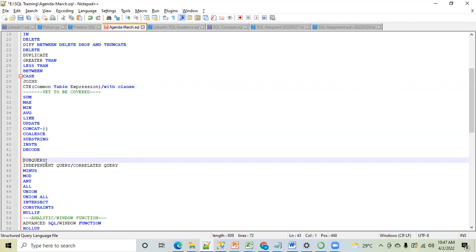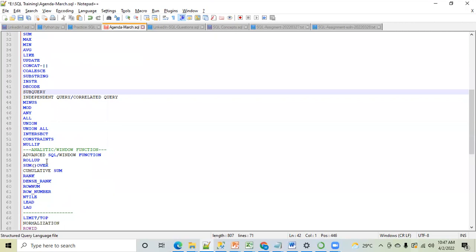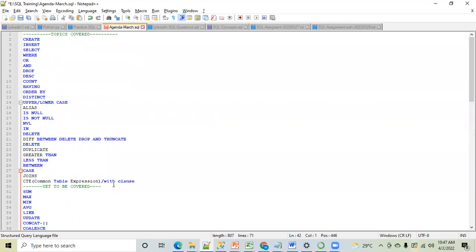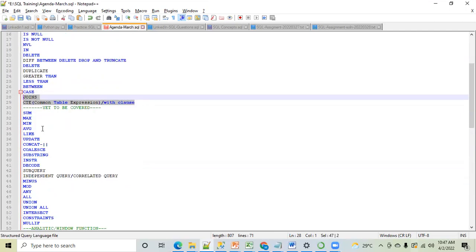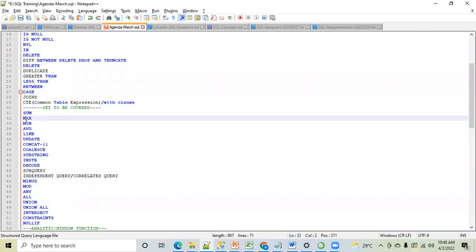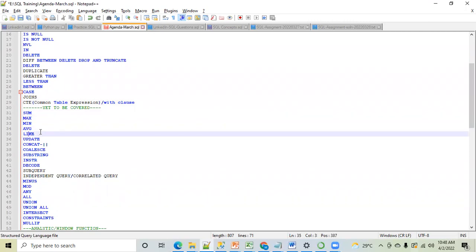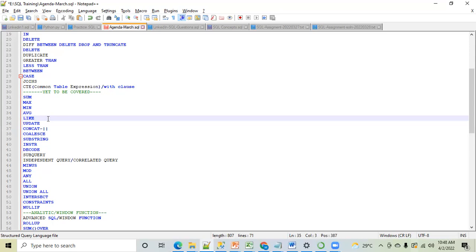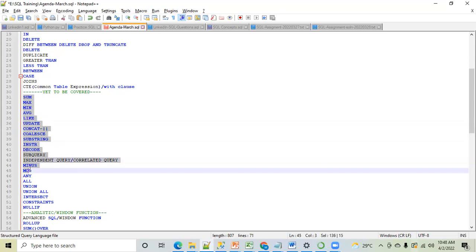You might be thinking that many topics are left out, but if you have understood joins and CTE, these are the big sharks. These things will not take much time, so don't panic. Few of you have asked me questions that Tanvir is taking a lot of time. I'm sorry for that. I know it has taken time, but the remaining concepts will not take much time. We will quickly try to wrap this up.